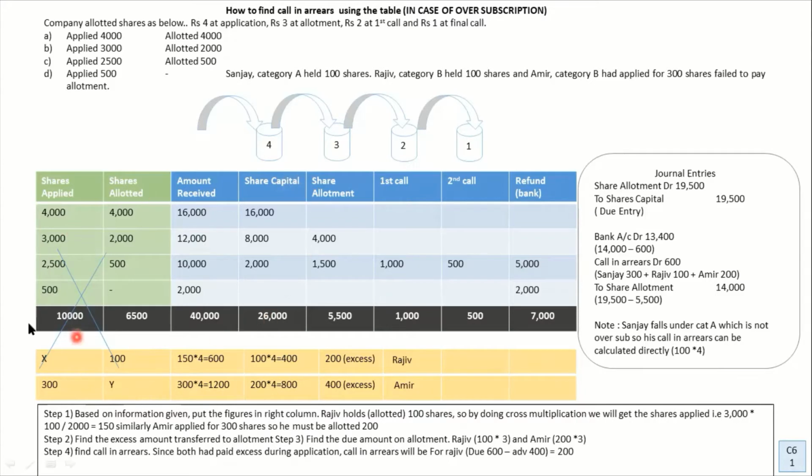So if you make this table, all the things would be in front of you. You don't have to see your sum again and again. So this is how we learn over subscription. Now I will try to do 2 or 3 more sums on an Excel sheet, which will help you to understand how to make a table and do the sum properly.